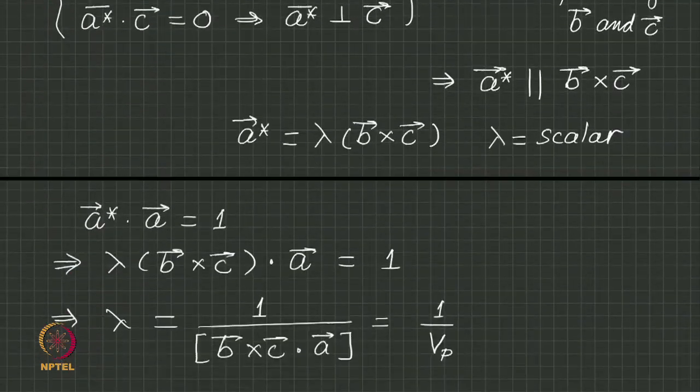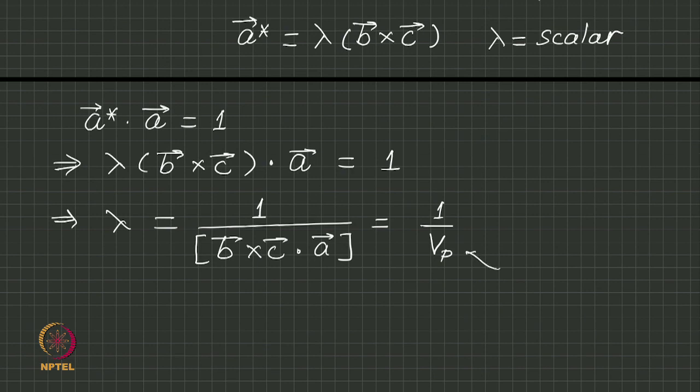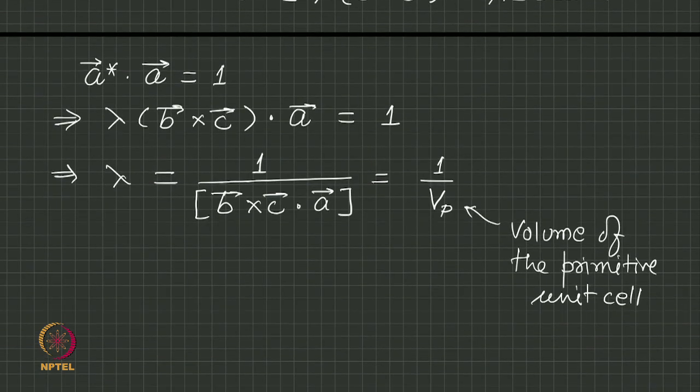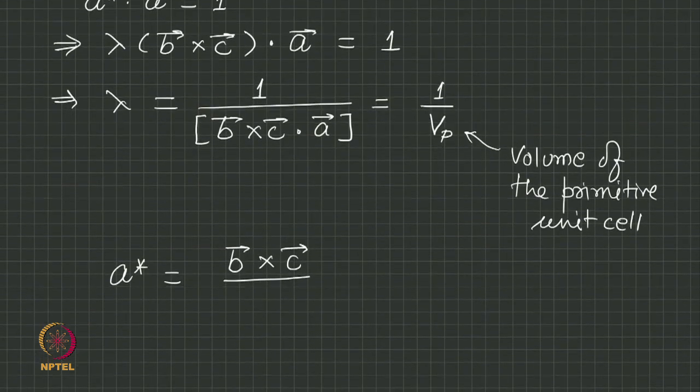So, this is the volume of the primitive unit cell. So, we have found lambda. Once we have found lambda, that means we have found A star completely now, that is B cross C divided by V p.